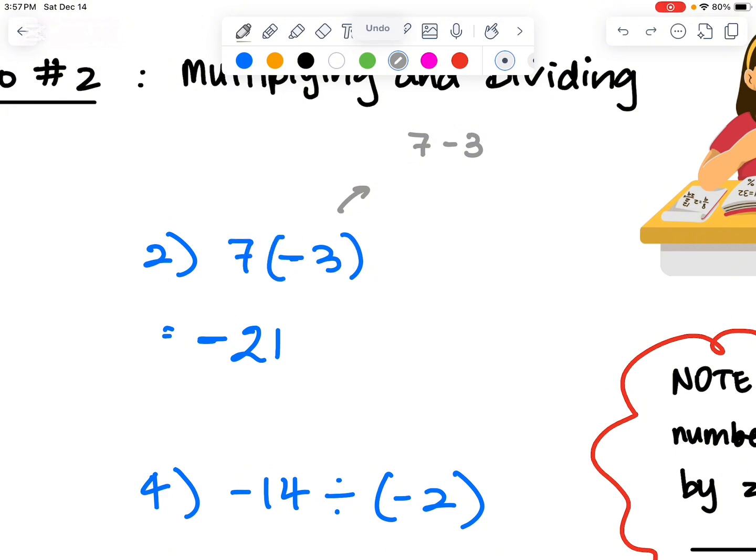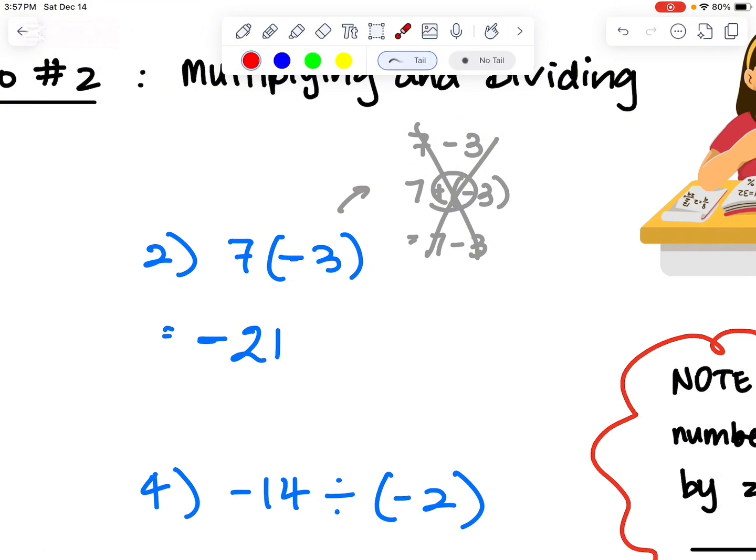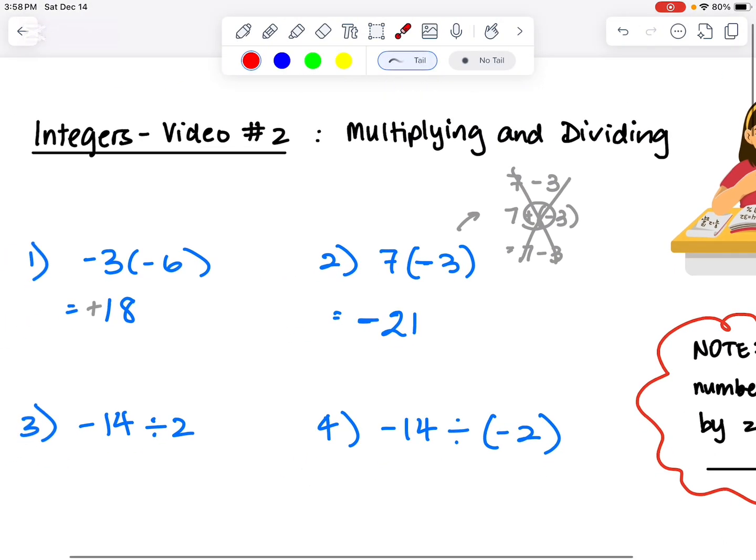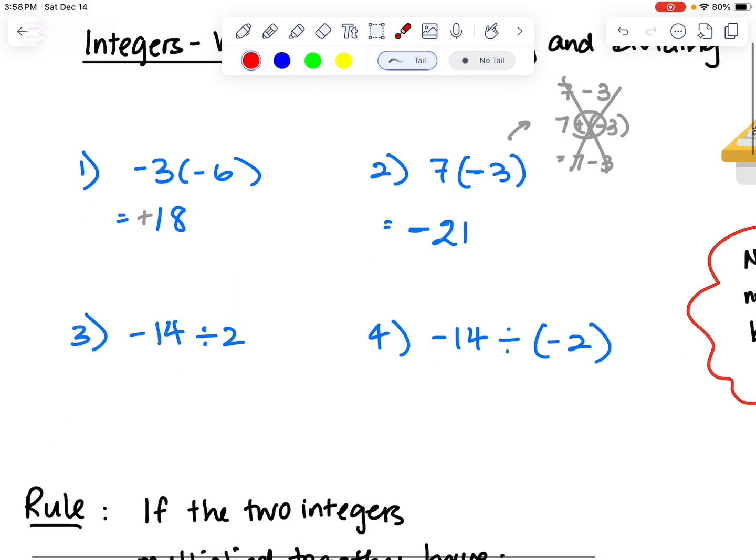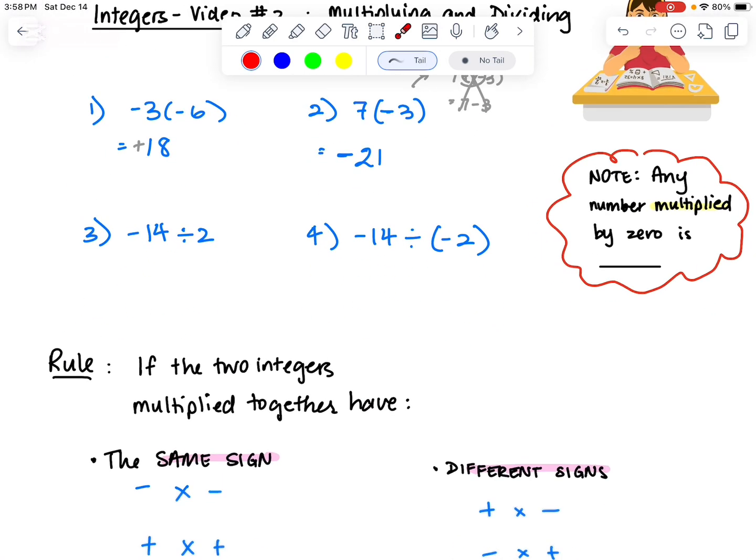Now sometimes we have other questions that look kind of like 7 plus a negative 3, so I do still have a bracket, but that's one where if you'd watched the last video, we would say, let's get rid of this, that you could turn that entire bubble into a subtract. So just be careful, because these are not the same thing as this question. So if you're having a bit of trouble, take a minute to make sure you can see the difference between multiplication versus addition and subtraction, and we'll give you some practice with that at the end of the video as well. Okay, so that's for multiplication.